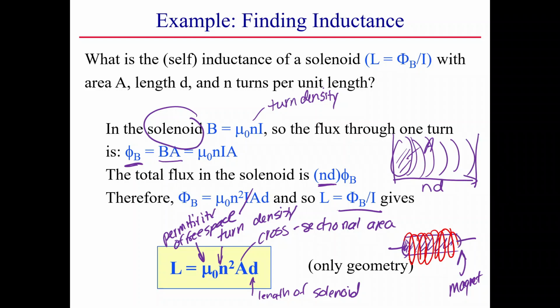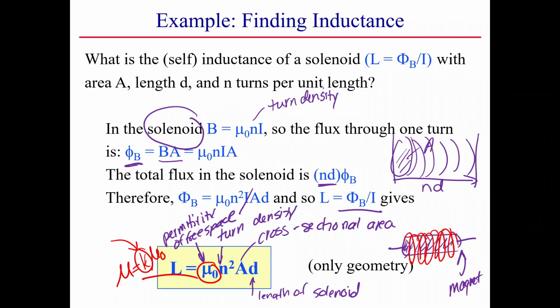So why do they put a magnet inside? They put a magnet inside because basically this mu naught is for free space. If we actually used mu, that would be basically some multiplier, let's just call it K, times mu naught.